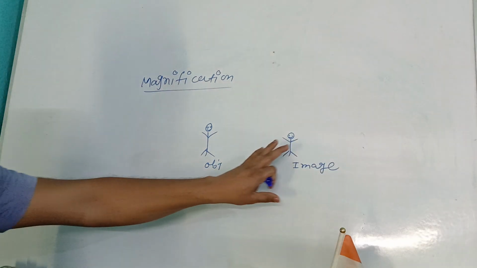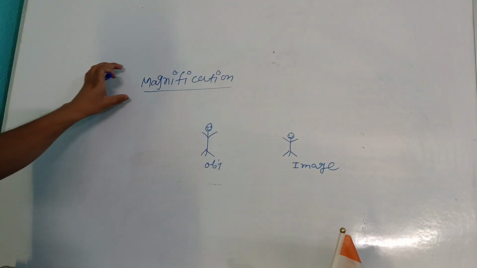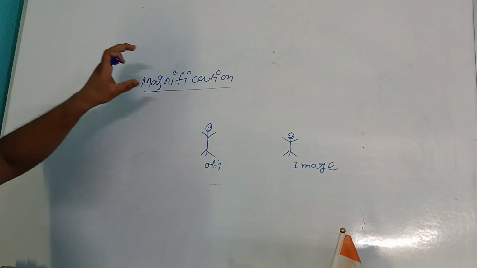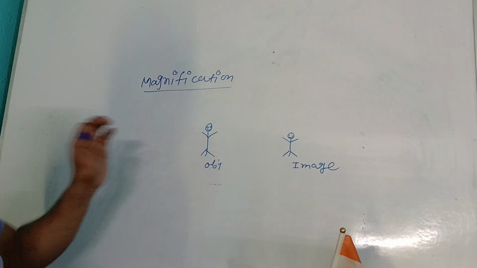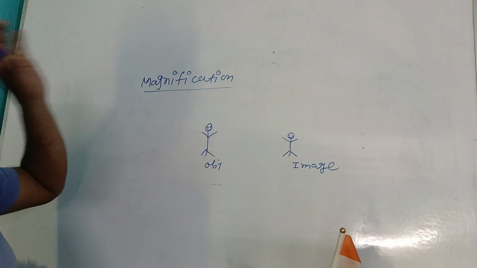This is the object and this is the image. So magnification is the ratio of image to the object, meaning image height to object height.